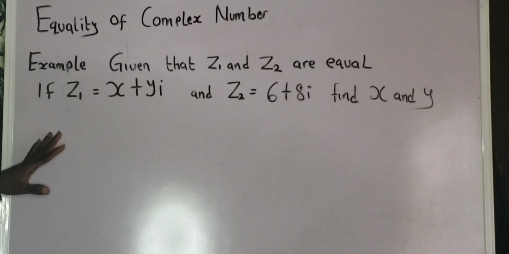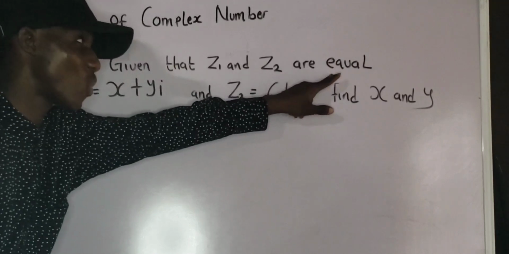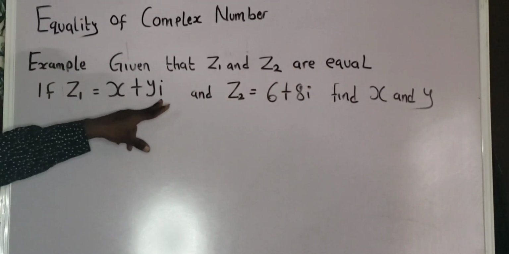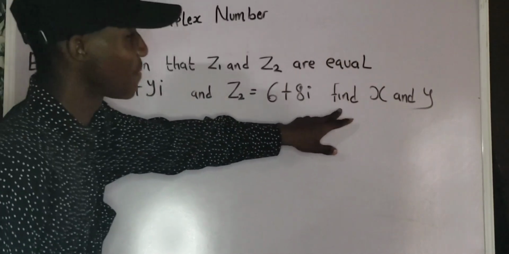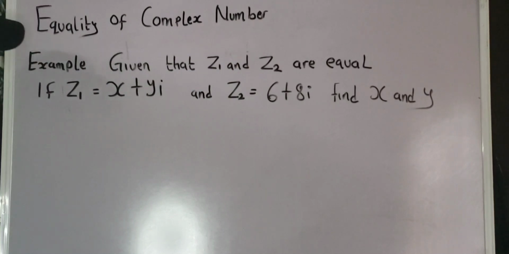Now let's look at this example. Given that z1 and z2 are equal, if z1 equals x plus yi and z2 equals 6 plus 8i, find the value of x and y. Don't forget the laws of equality of complex numbers.